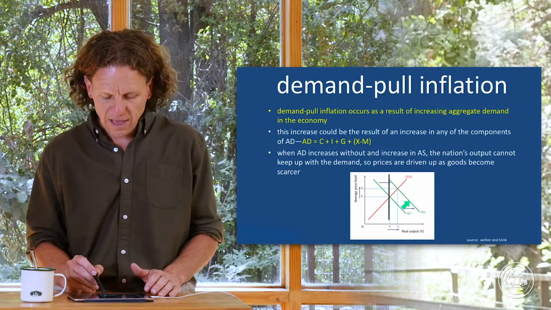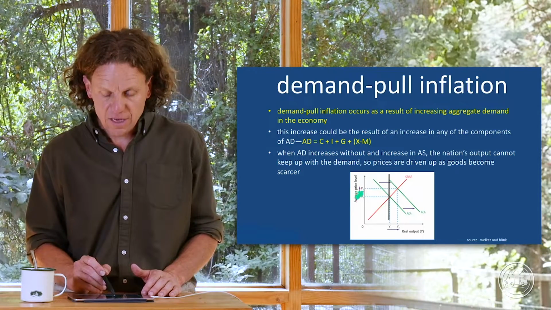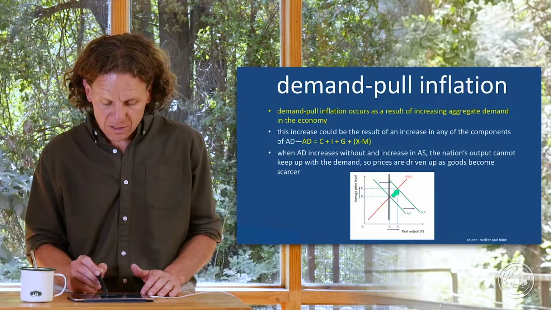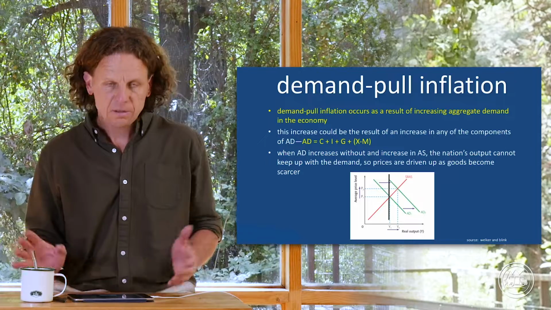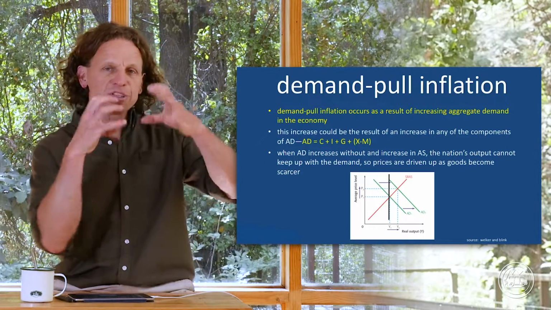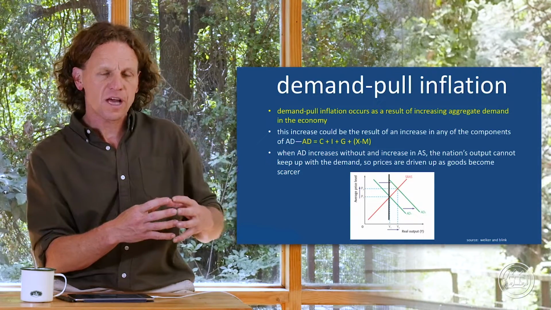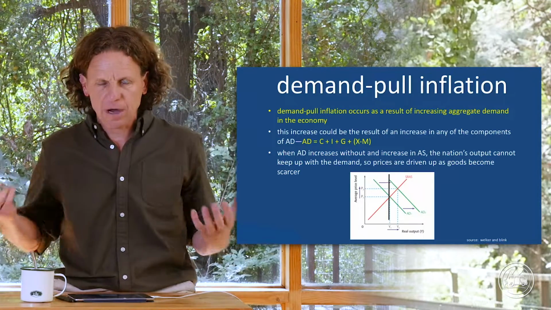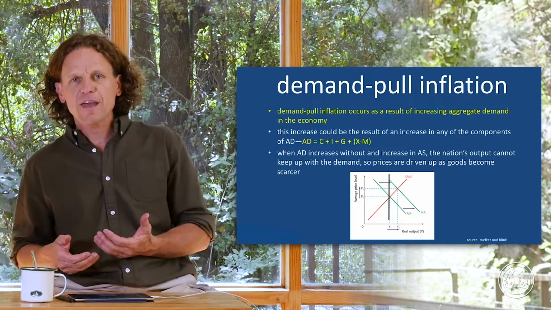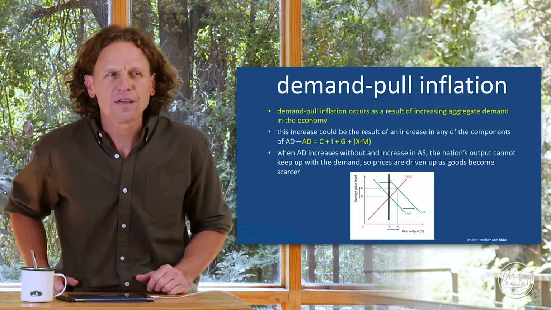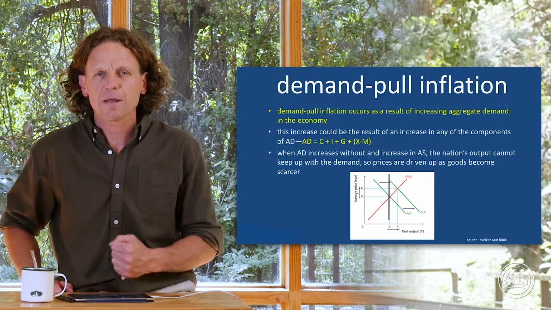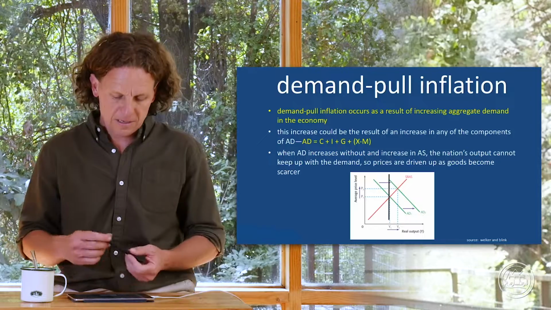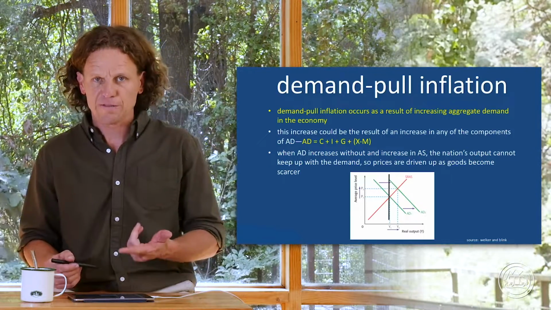You draw one more line, and then you draw the new equilibrium, which is going to be P2, Y2, and you're done. This is a perfect example where knowing the neoclassical model gives you clarity about what to draw first, and then from there you go, okay, now increased aggregate demand, and all of a sudden you have the demand pull inflation graph.